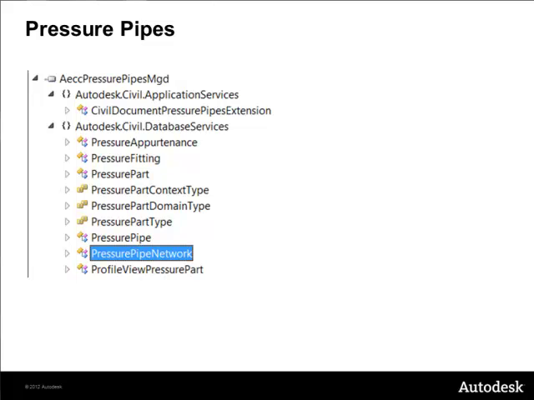Graph profile pressure part is exposed through the ProfileViewPressurePart class. Users can get the source object ID of a pressure part in a profile view. Users can create pressure networks, add curved pipes, and get the current part list object ID of a pressure network.